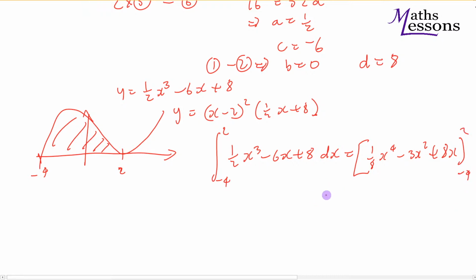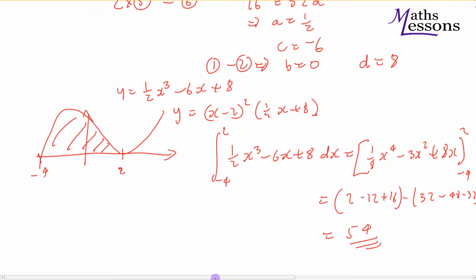And we could just shove that all in. 2 into here, 2 to the 4 is 16, over 8 is 2. 2 squared gives minus 12 here, plus 16, minus, we're going to get minus 4 in here. That will give us 32, minus 48, minus 32 at the end there. Just work that all out and you get 54 as your final answer.